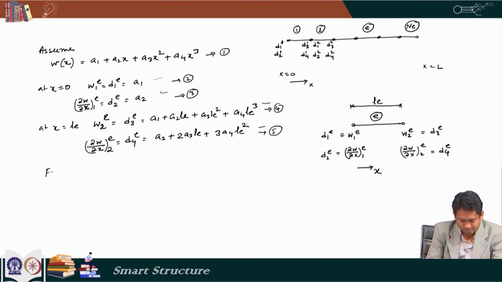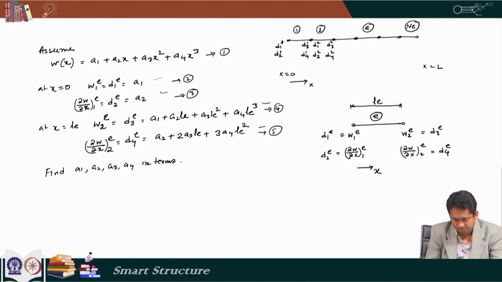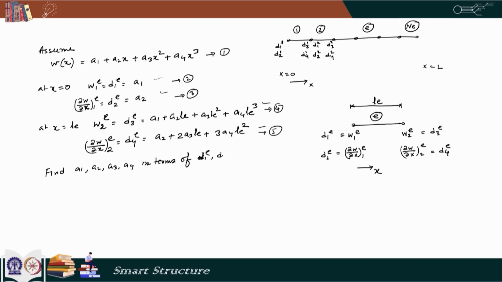So, find A1, A2, A3, A4 in terms of D1, D2, D3, D4 using equations 2 to 5, and then we put that in equation 1.